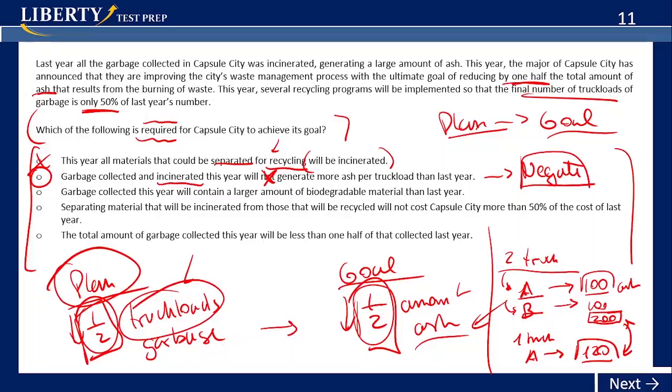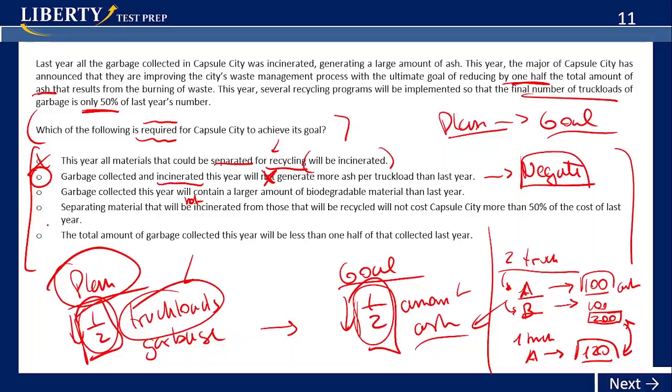That would help, but it's not necessary. Why? Because remember, the assumption is not only something that strengthens, but something that's necessary. So if we negate it: garbage collected this year will not contain a larger amount of biodegradable material. Would that weaken the conclusion? Is this biodegradable material necessary? No, not at all.